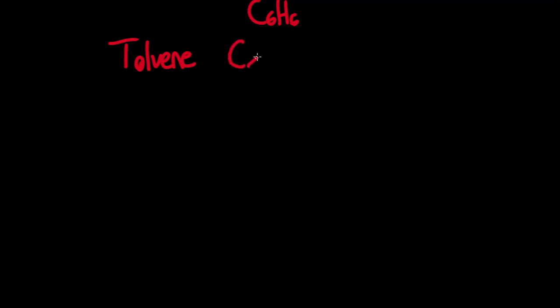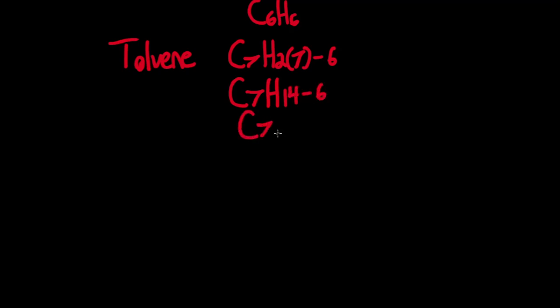It's going to be C7, H2 times 7 minus 6, C7, H14 minus 6, and I get C7H8. And then xylene, all three of my isomers, it's going to be C8, since I have 8 carbons, 6 for the benzene ring, 1 for each methyl.